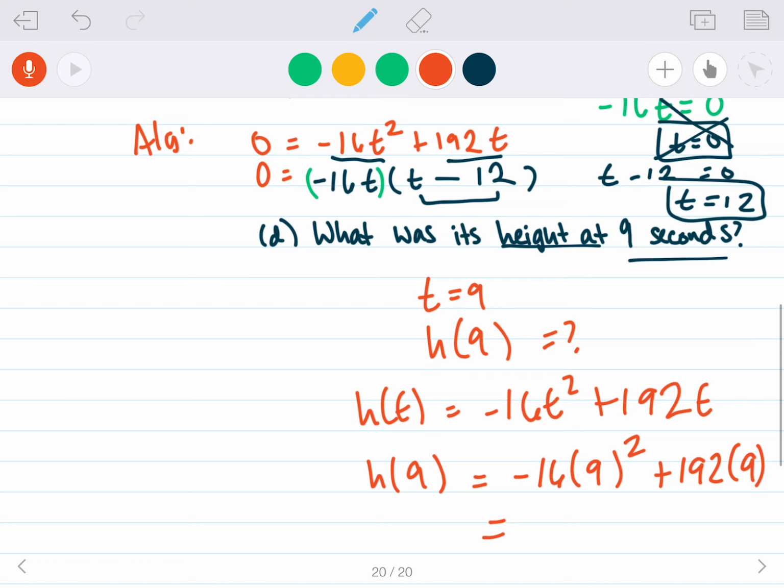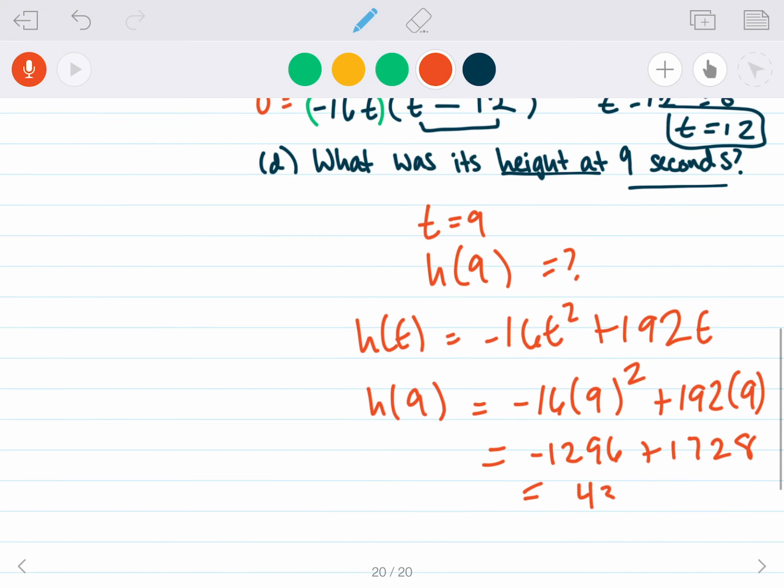Okay, let's do the computation. All right, so I'm getting 432. So this is going to be our answer for part D.